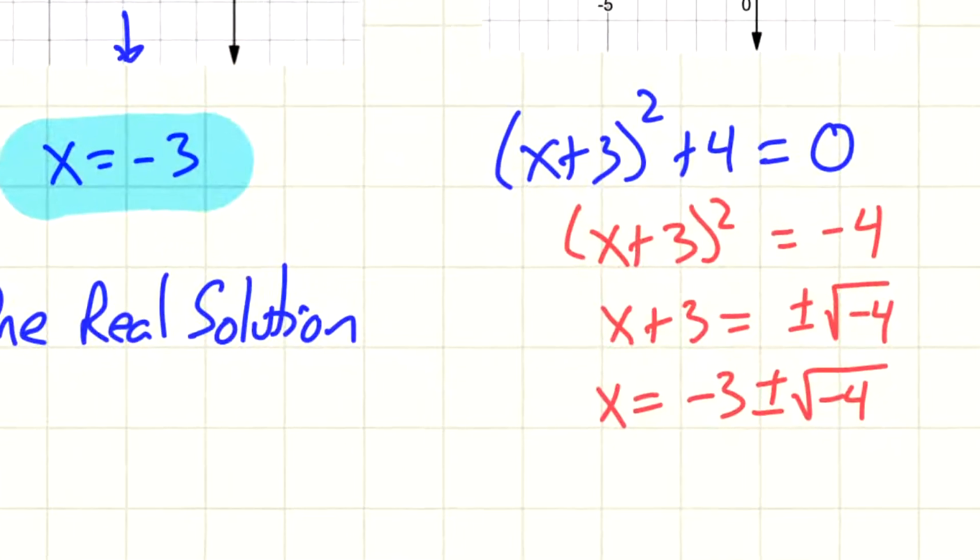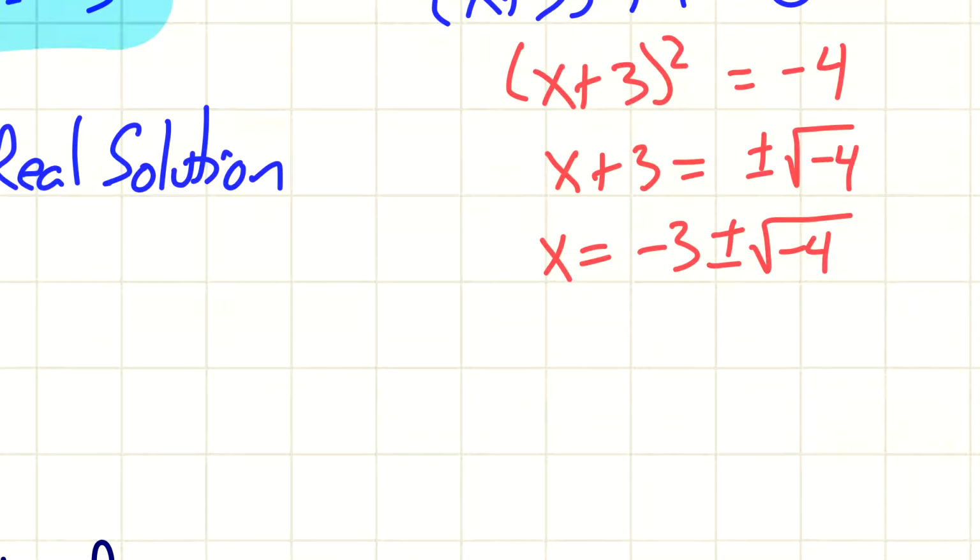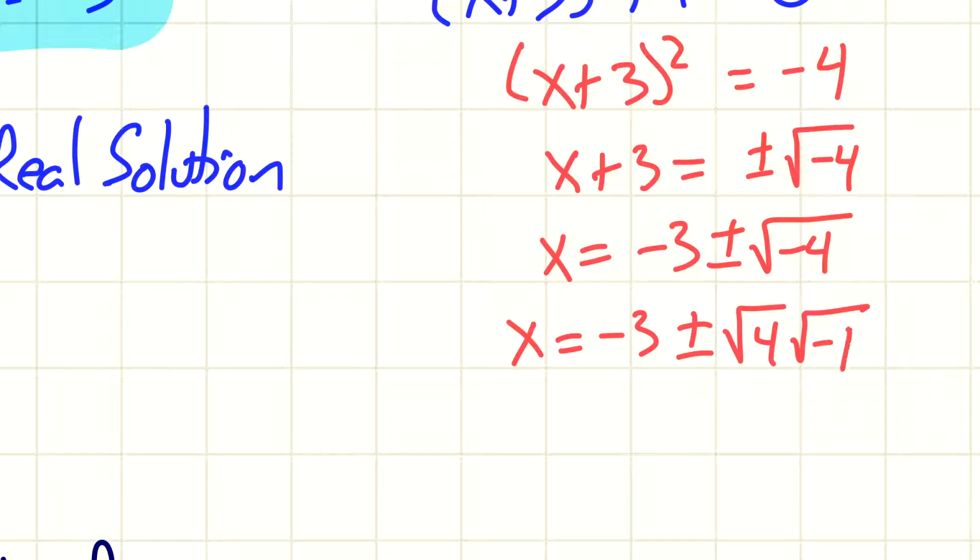Here, I'll zoom into this. You'll notice this looks very similar to the format that we want. The only thing left to do is get rid of that negative in the square root. So let's change this to x equals negative 3 plus or minus the square root of 4 times the square root of negative 1.